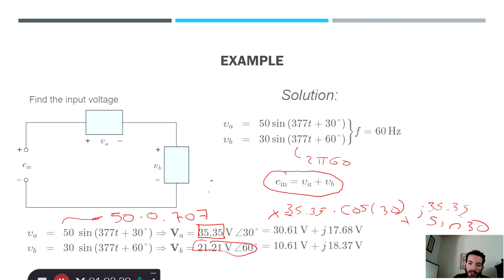So that should give you 30.61. Please use your calculator and make sure you get the same numbers to practice this kind of computation. And the complex part is 17.68.